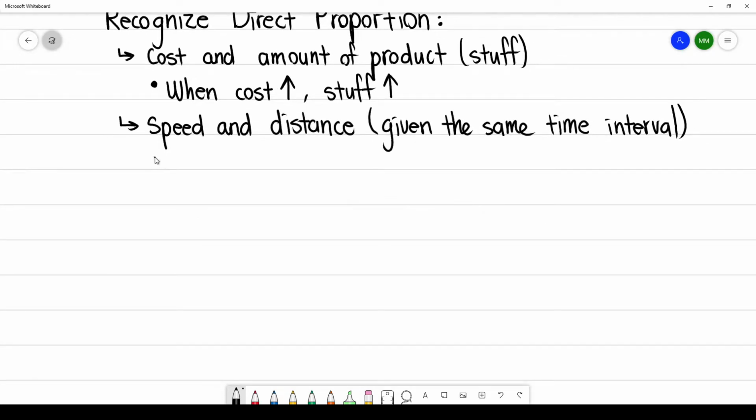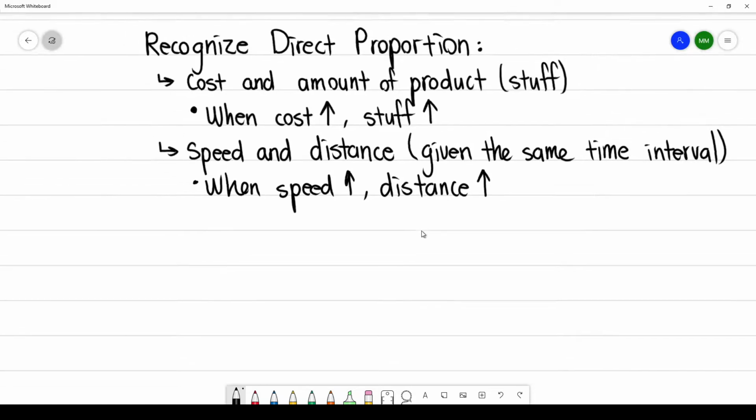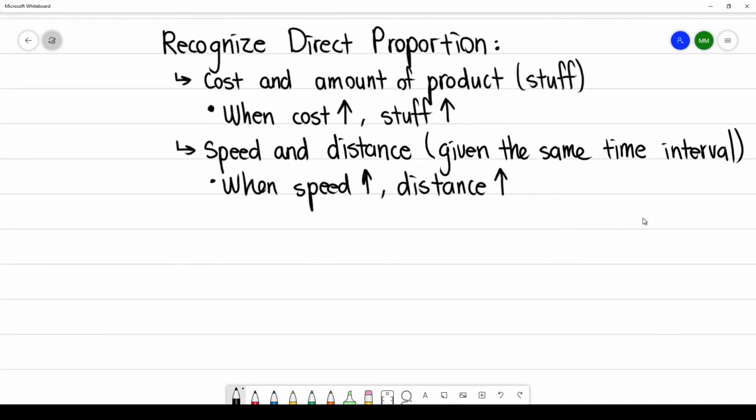Then when speed goes up, the distance you travel is naturally going to go up as well. Of course you cannot compare the distance you travel in 1 hour and in 2 hours. These are completely different. They have to be the same time interval.